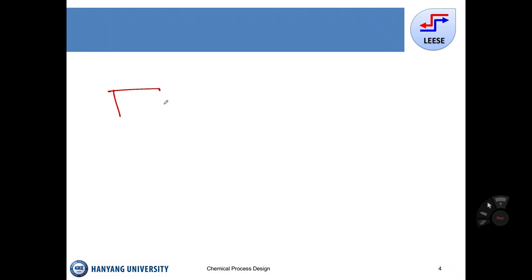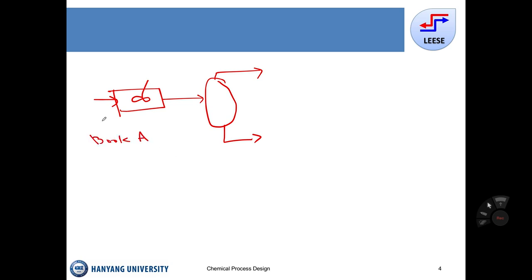Another example: let's say this is the reactor, followed by the separator. I look at book A and find the cost is 2 million. Then I look at a journal paper and find the cost is 5 million.